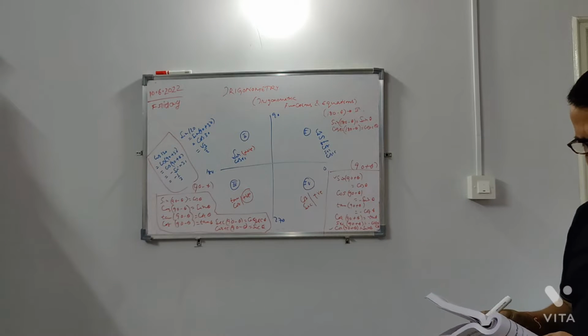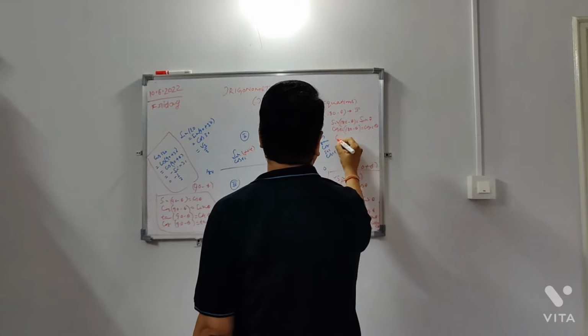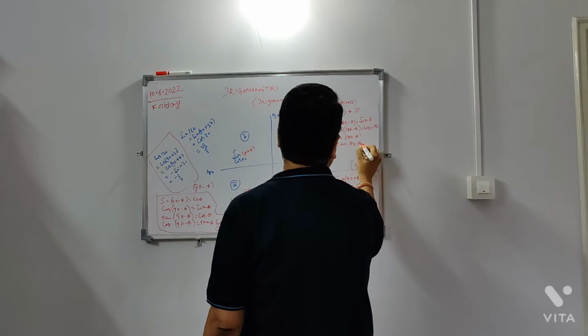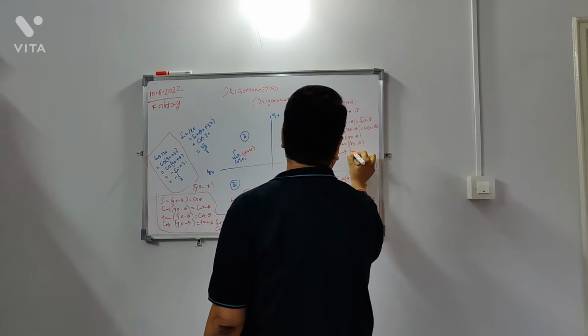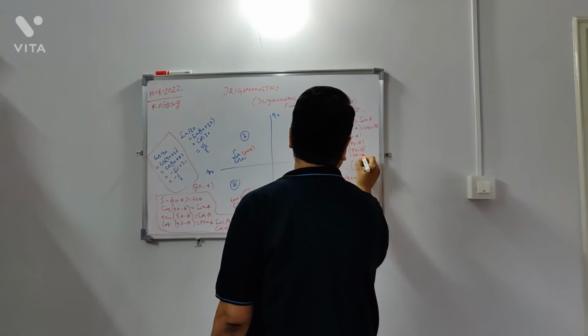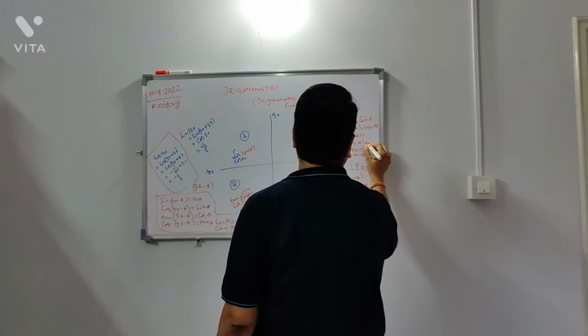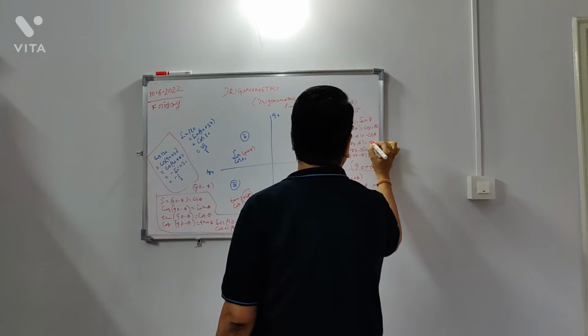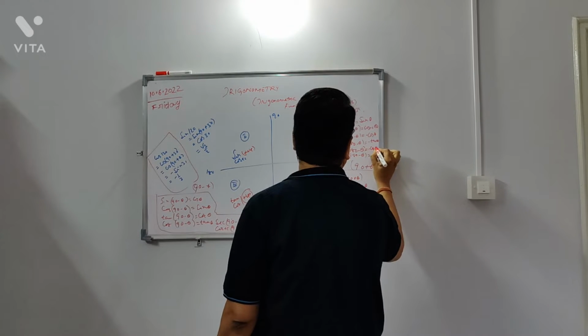Every other one, cos 180 minus theta, tan 180 minus theta, cot 180 minus theta, and sec 180 minus theta, are all minus: minus cos theta, minus tan theta, minus cot theta, minus sec theta.